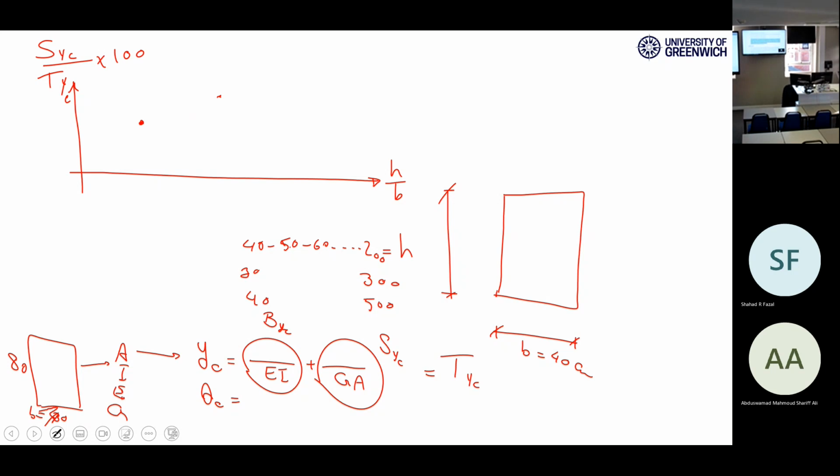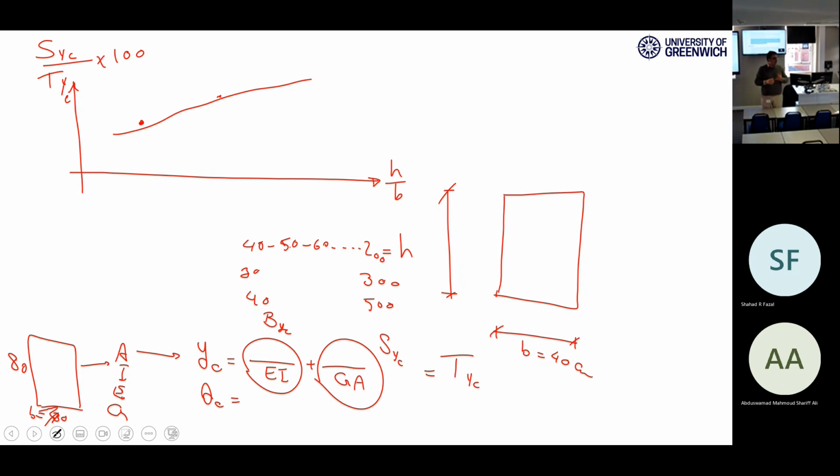For any assumption of H, you will get one point. For as many H values as you have assumed, you will get the same number of points, connect them together and draw a curve. I don't give you any advice and I don't want to say what shape you will get. You should do it to see what you will get.